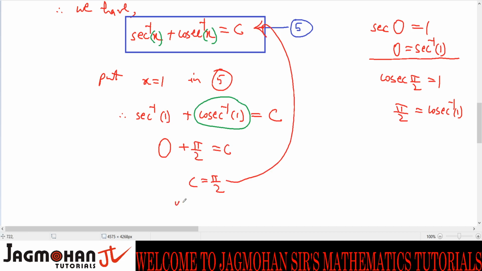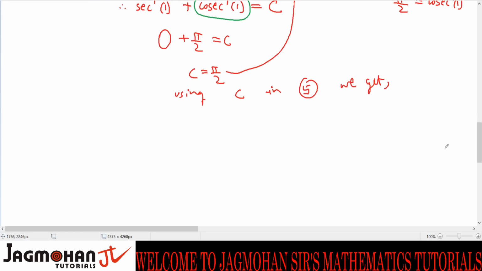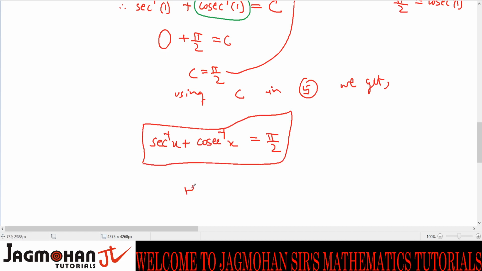So using c in 5, we get the actual thing. What you get, students? Sec inverse x plus cosec inverse x equals to pi by 2. So now you can say you have proved.